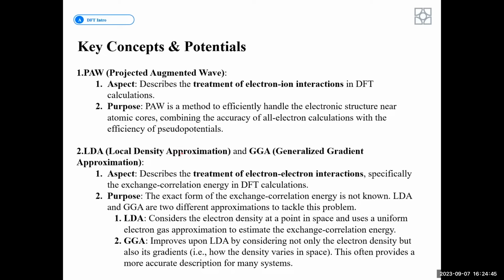LDA, or local density approximation, and GGA, generalized gradient approximation. What actually are these LDA and GGA? Maybe you will see them a lot in DFT, or if you are reading a paper, in the methodology section they would say we are using LDA, GGA, or they are using PAW. So LDA or GGA describes the treatment of electron-electron interaction.